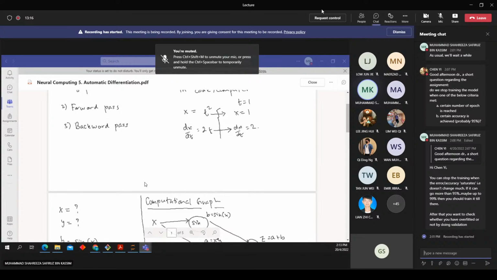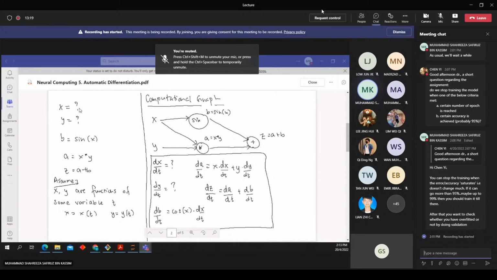Given the problem of x equals something, y equals something, where x and y are functions of some variable t, and b equals sine of x, a equals x times y, c equals a plus b, we have built the computational graph. As we are building it, we can also compute the local gradients, dA/dt, dB/dt and so forth.